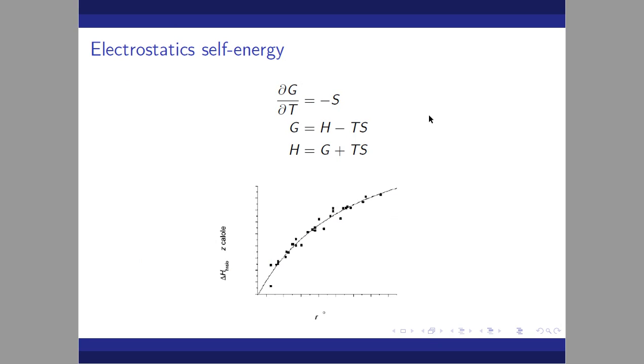Here, delta H equals G plus TS. We can see that the enthalpy increases with respect to the increase of the temperature. What we can say is that when the temperature increases, the ion will vibrate much faster and produce more energy.